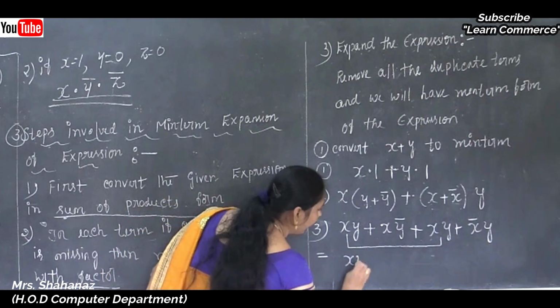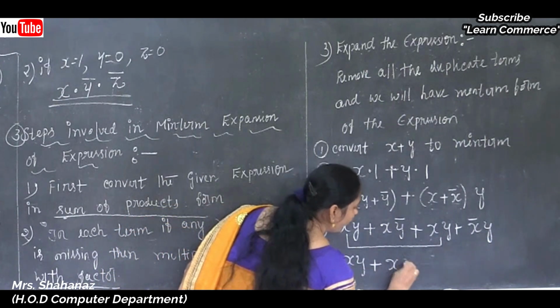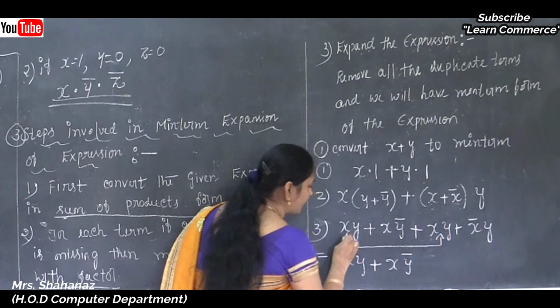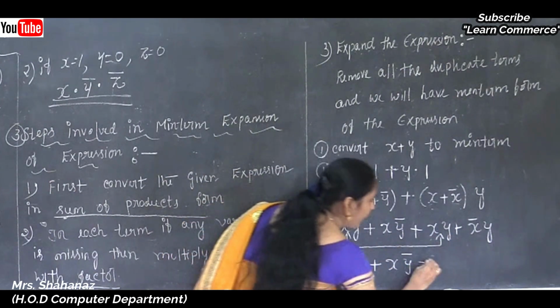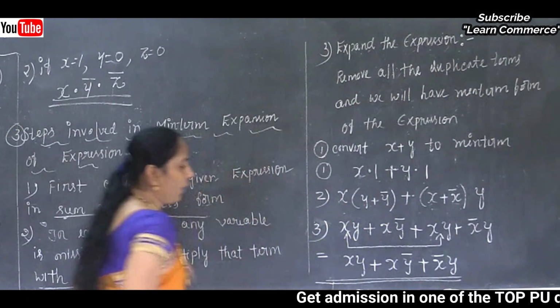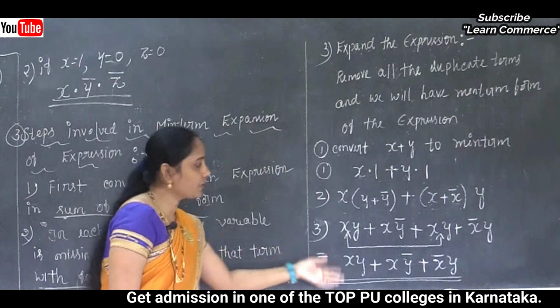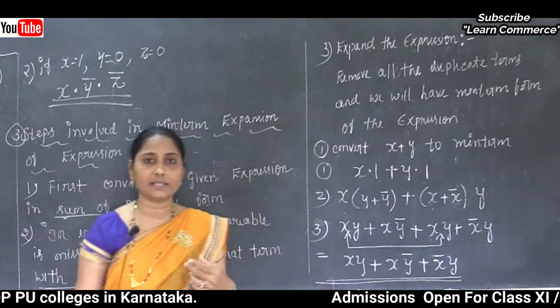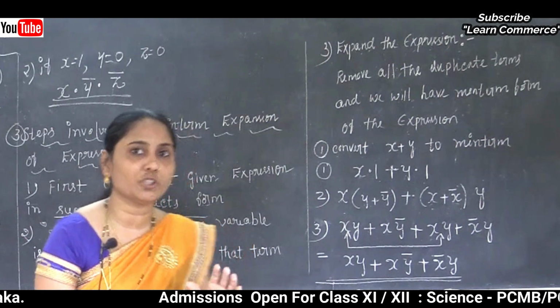So xy plus x complement of y. I am not using xy again, it is a duplicate term. Clear this point? Just one time. Plus complement of x y. So this is the answer of converting x plus y to the minterm. Clear this point here?